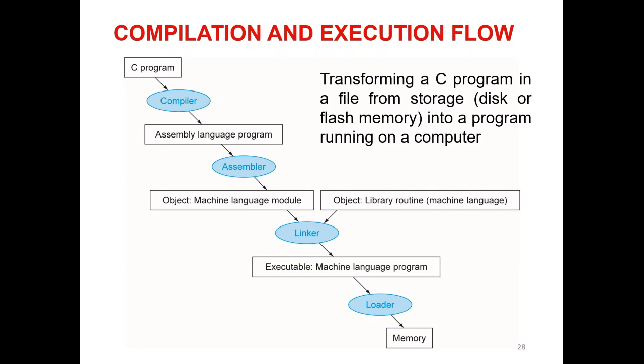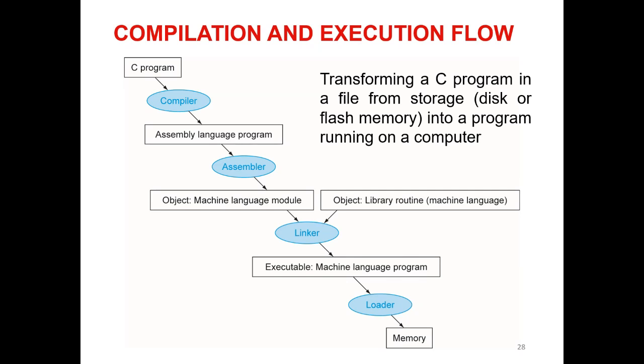What happens then? Then there is something called the loader, which loads these zeros and ones into memory. Remember what we mentioned about the stored program concept. So everything is in memory, instructions and data, and everything is represented with zeros and ones.